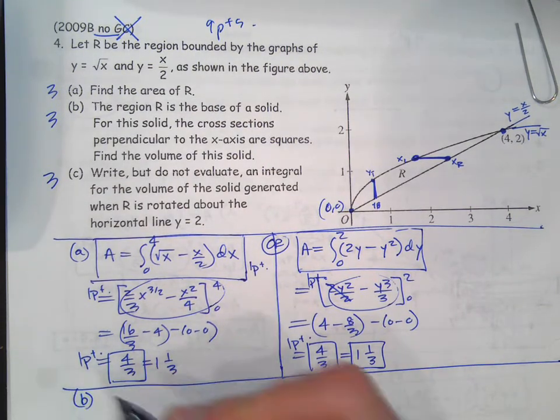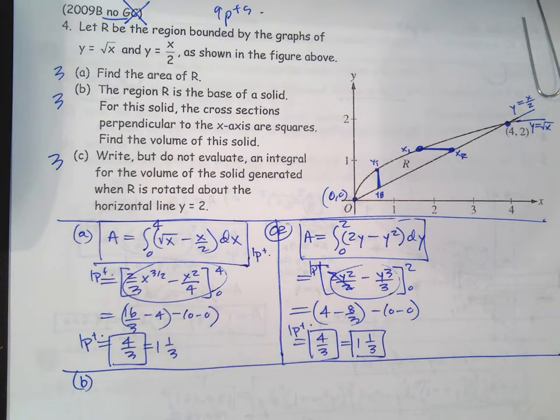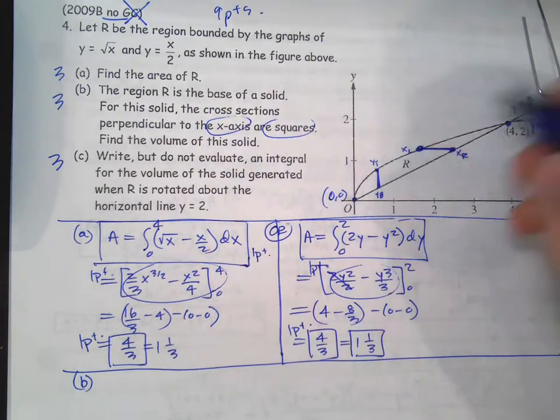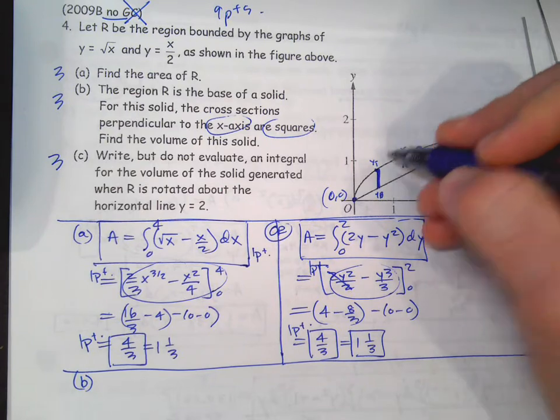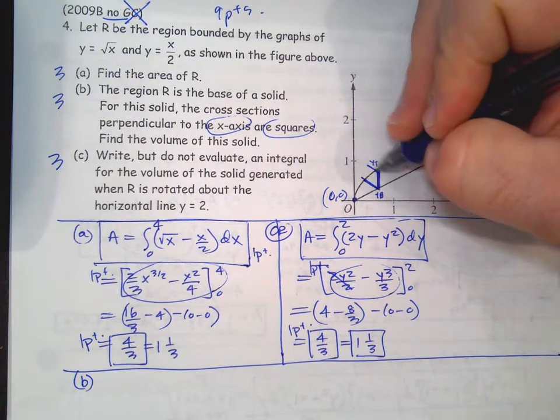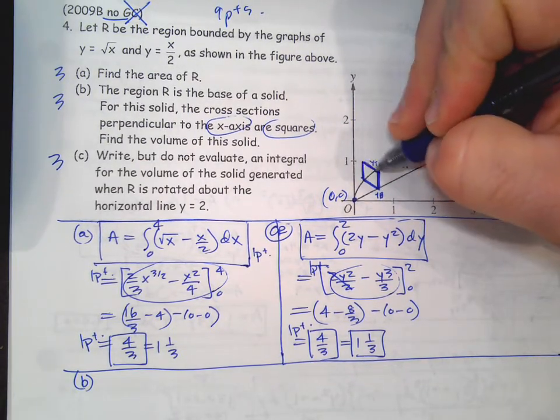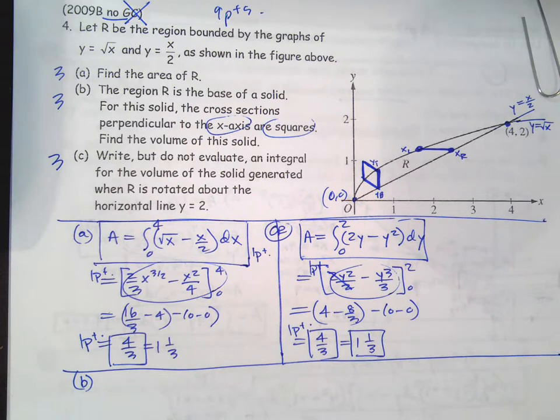Part B says the region R is the base of a solid. So this is volume by cross sections. For the solid, the cross sections are perpendicular to the x-axis, and they're squares. So they've got to be up and down, and they are going to be squares. So let's set this up.